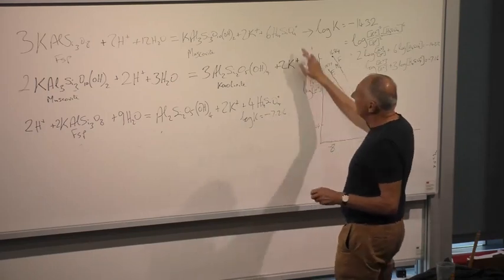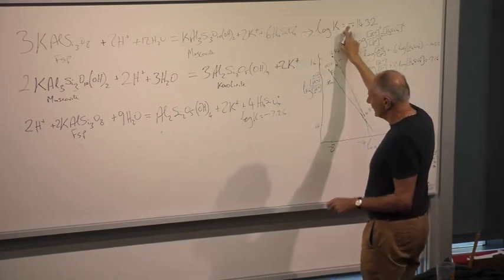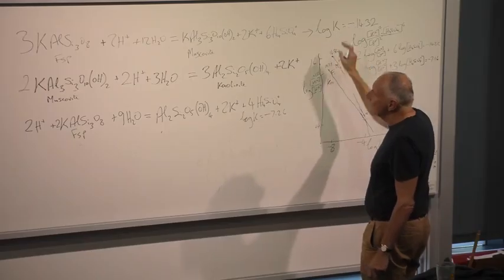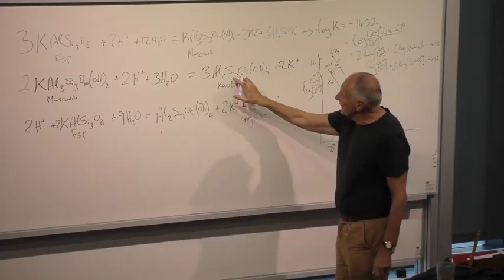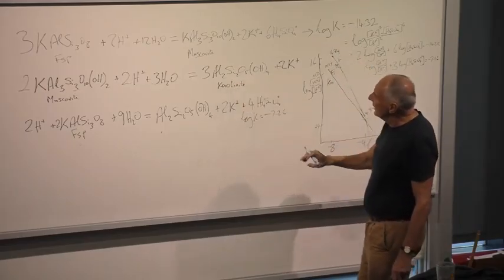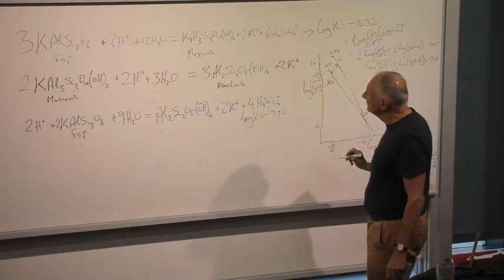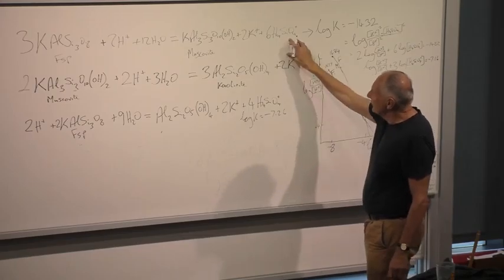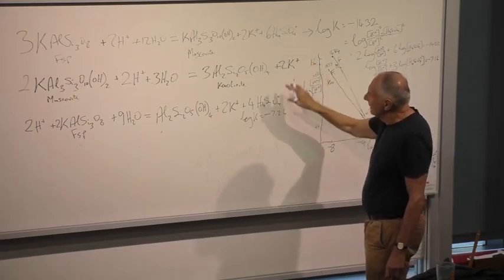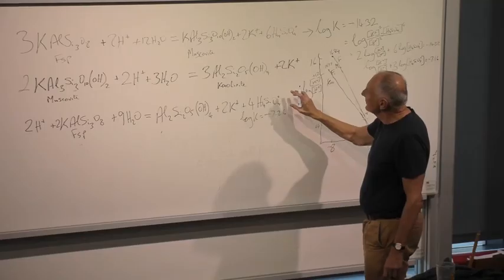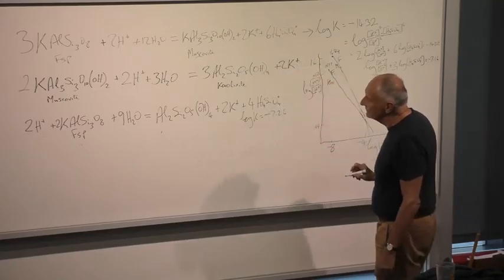And log K for that one is minus 14.32. And we need to get this one. Now this one doesn't involve any silica, so we have to eliminate silica. And the way we can do that is multiply that one by 2, multiply that one by 3, and subtract this one from that one.